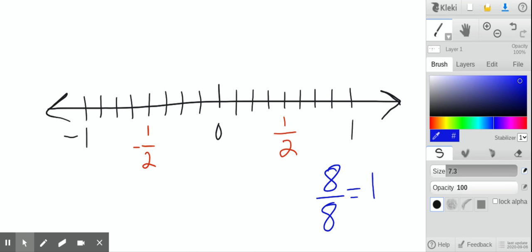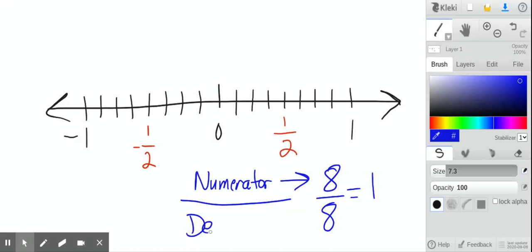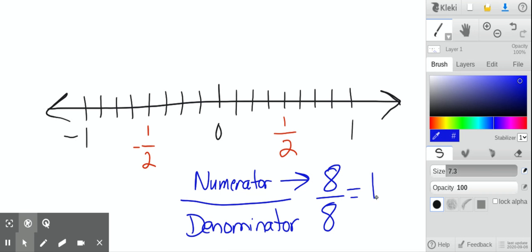When your numerator, which is my number on the top of my fraction, and my denominator are the same number, that is going to equal 1 whole. So 8/8 is equal to 1 whole. So now I know that these tick marks are going by eighths.